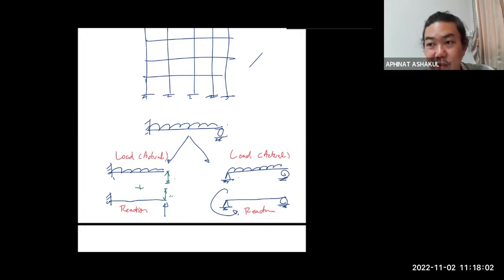When we remove the moment restraint, your structure cannot handle moment anymore, so it rotates. Correct? So rotation becomes the corresponding displacement because you remove the moment restraint. Therefore, you need to calculate the corresponding rotation due to this force.